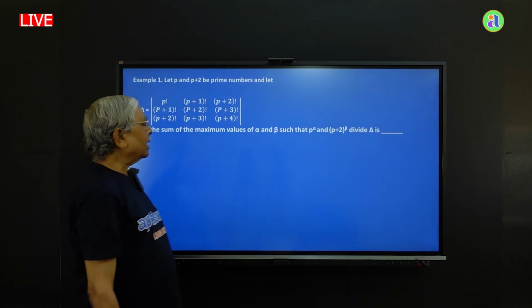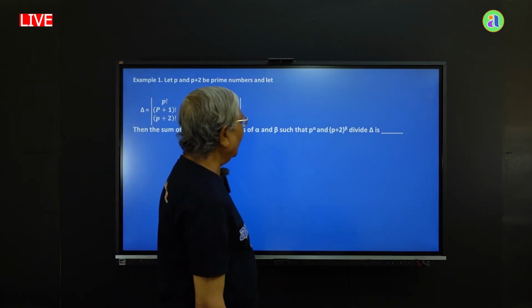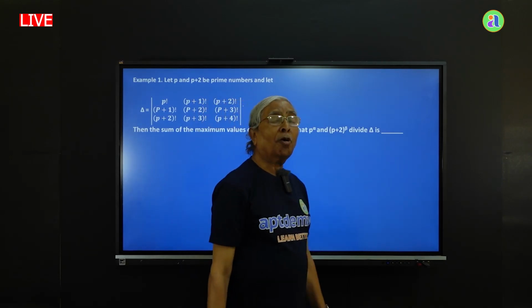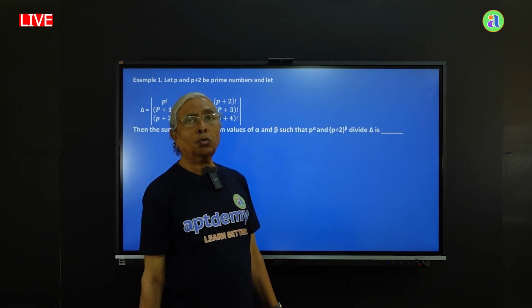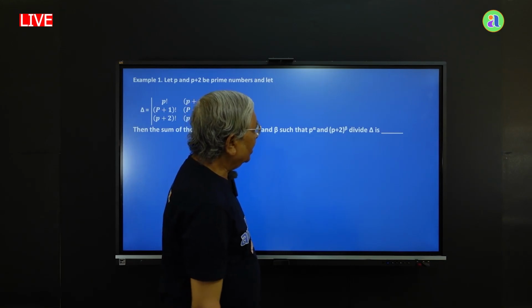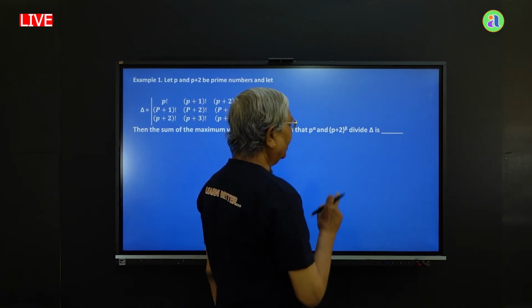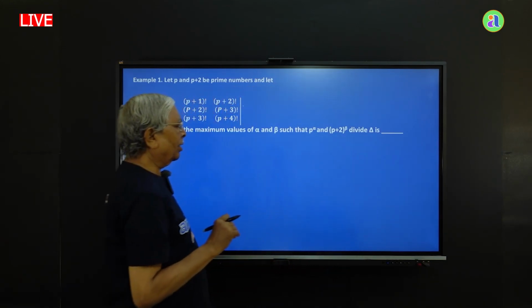Then we have to find the sum of the maximum values of alpha and beta such that p to the power alpha and (p plus 2) to the power beta divide delta.